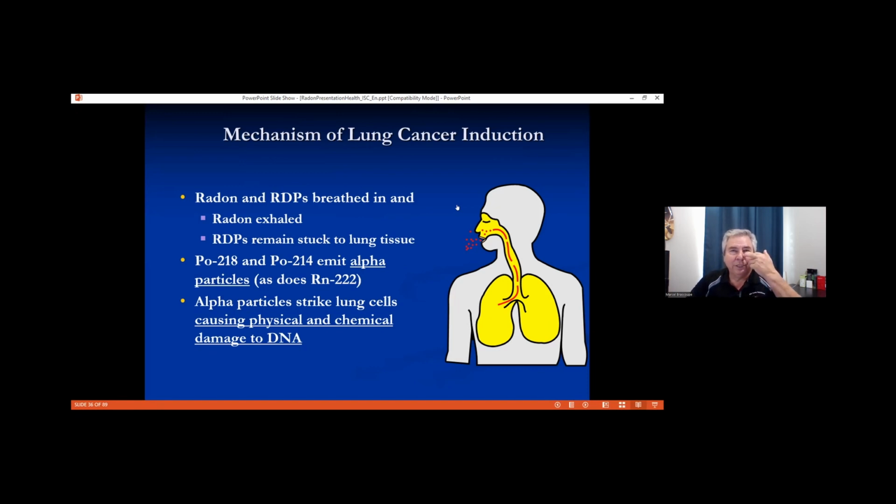The big danger here is if the alpha particle hits a living cell just in the wrong spot. And here, for simplicity, I'm going to say in the brain of the cell. When that alpha particle hits the cell in the wrong spot, it could damage the DNA of that cell. And the big danger is that if the cell survives, then it has damaged DNA.